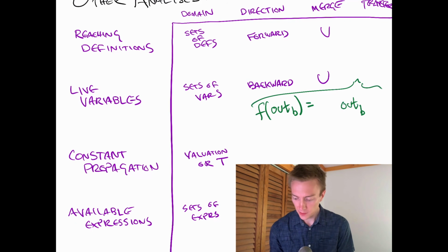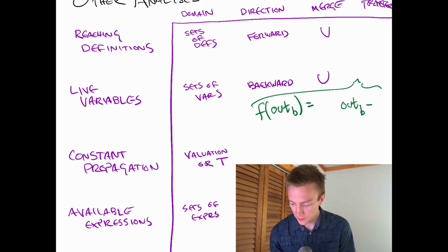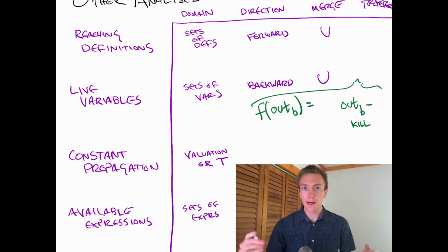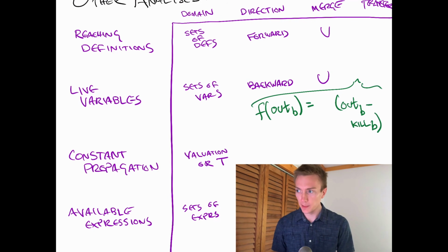We're going to take the set difference, to take the things that were live at the end and remove variables that were killed during this basic block, that is assigned to. You can just write kill B, those are not live at the beginning of the basic block. So it's all the things that were live at the end, except for those ones that we killed somewhere in the middle of the basic block.